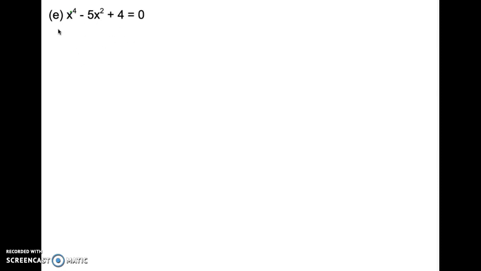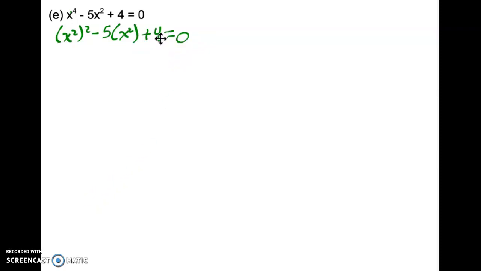You can even think of it as (x squared) squared minus 5x squared plus 4 equals 0. So it is this variable squared minus 5 of that same variable plus 4 equals 0.